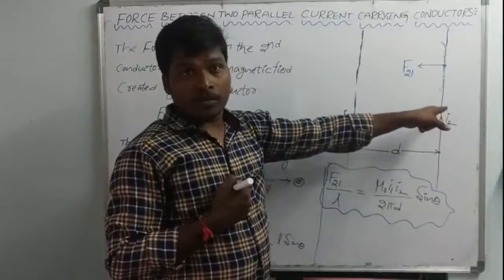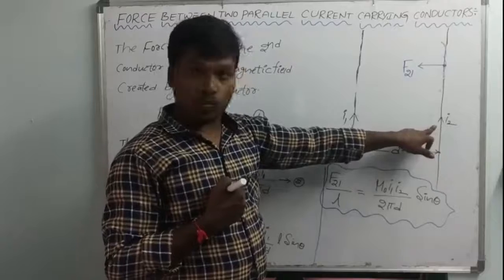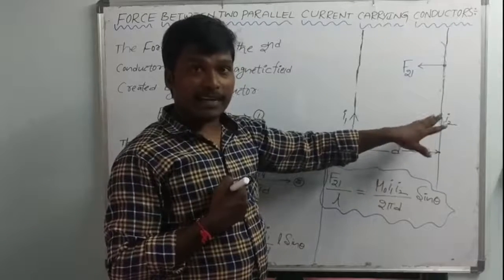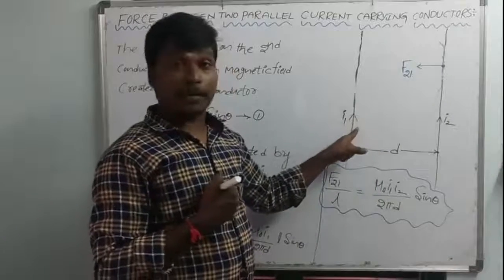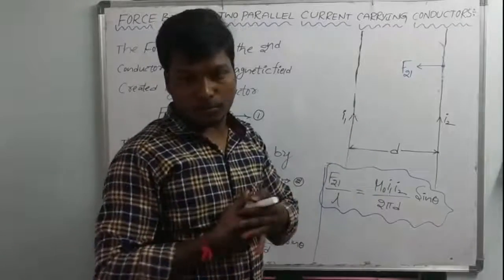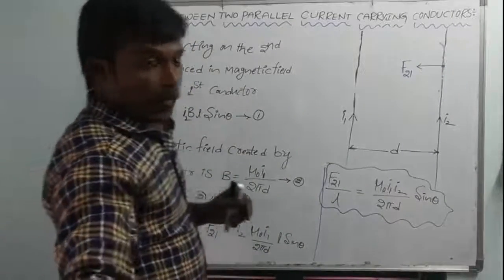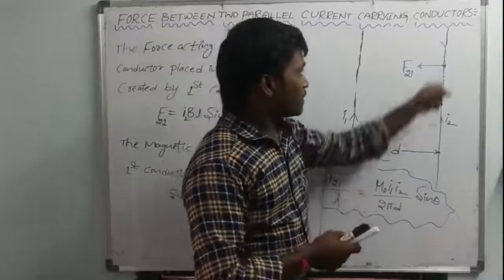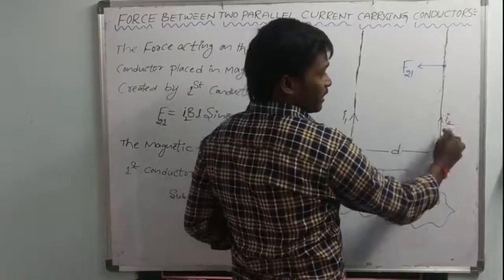In this current carrying conductor, how much current is flowing here? I2. So this second conductor also will produce a magnetic field. In this magnetic field we are placing this first conductor. So please see clearly. This second current carrying conductor, how much current is flowing?